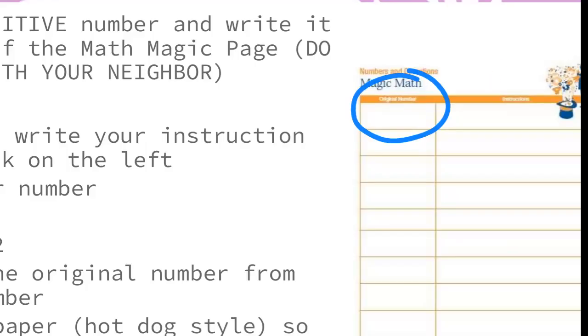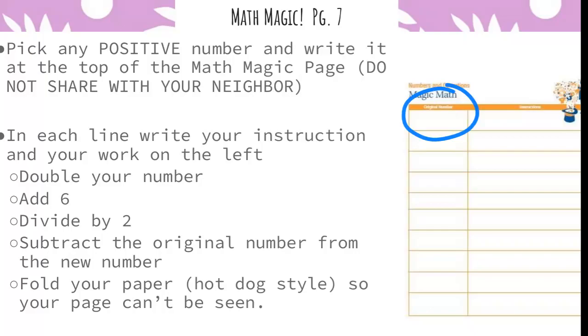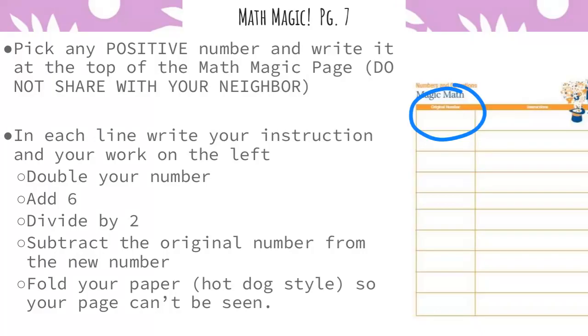Original number. Any positive number, and write it at the top of that page, in that first column, first row. Any positive number. Write it at the top of that page. Do not show your neighbor. Do not let them see it.